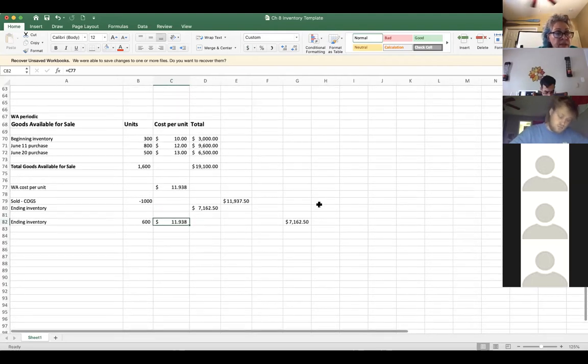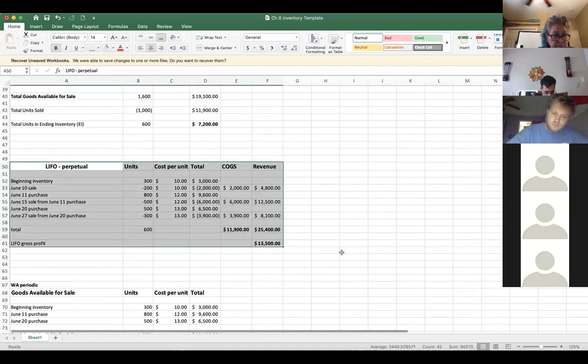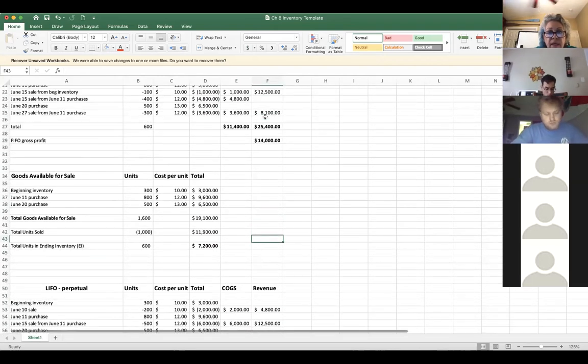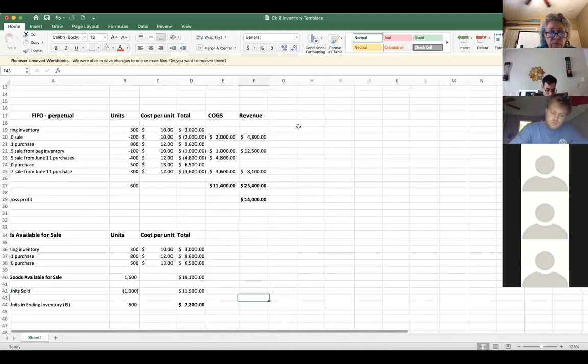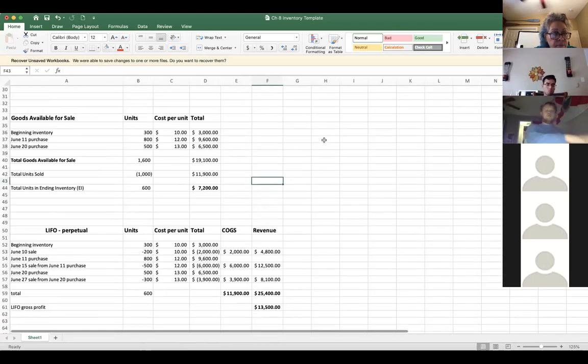One of the things that I want you to look at is, let's look at LIFO. In LIFO, our 600 units that we had available, so this $7,200, made up, we can calculate it like we did up here for FIFO.